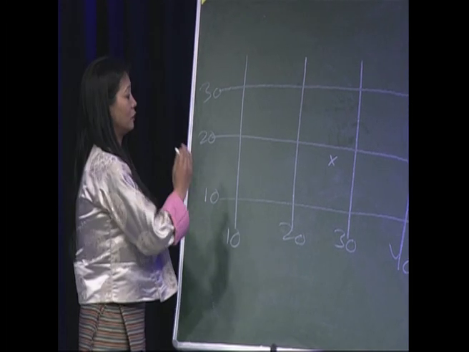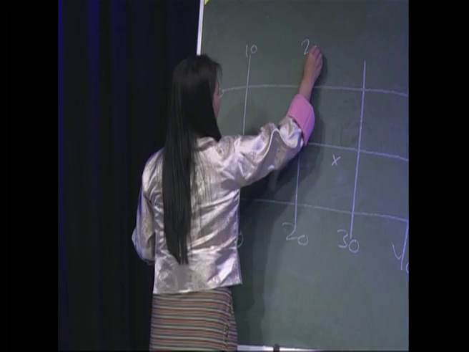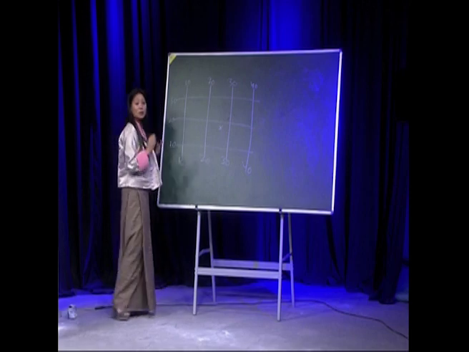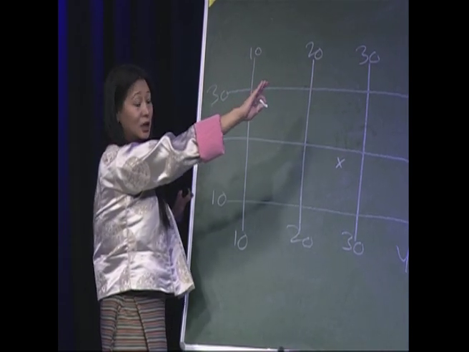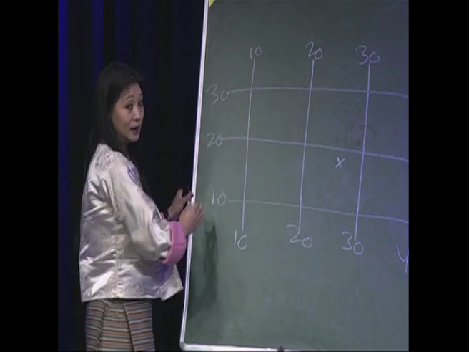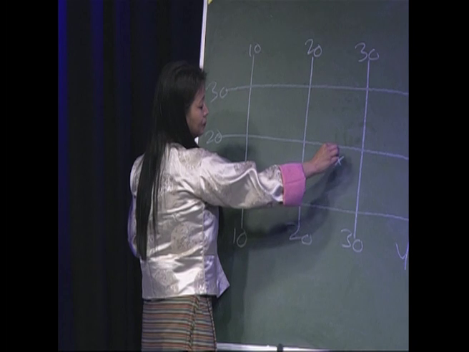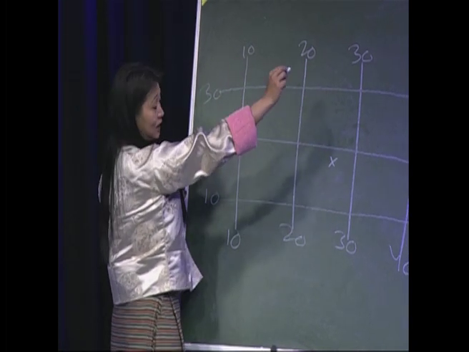Always write the eastings first. So this is 10, 20, 30, 40. Always write the eastings first. That is the first rule. After easting, then you write northing. So if you look at place X, look at the easting.